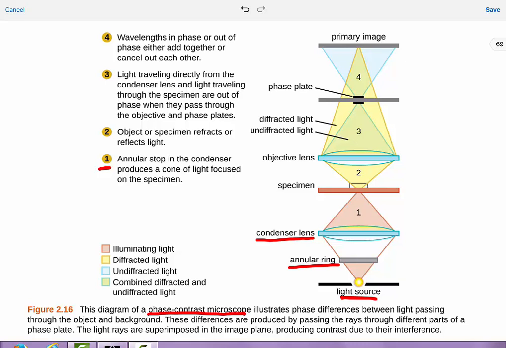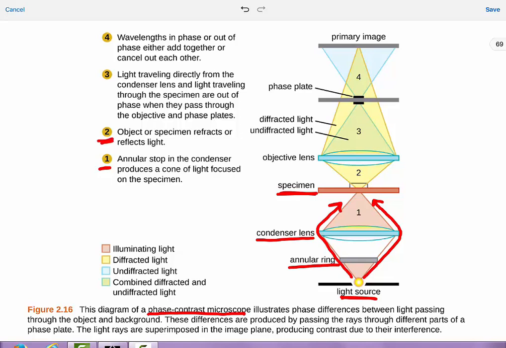So our light coming through the annular ring is going to create our cone of light coming up to our specimen. The specimen is going to refract or reflect light. Right when the light hits the specimen, it's going to either bounce off, be absorbed, or bend.